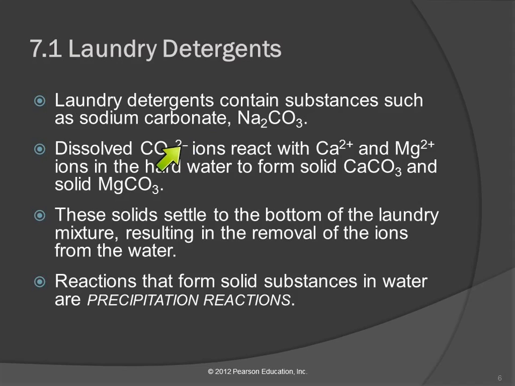The sodium carbonate dissolves, and the carbonate ions react with the calcium and magnesium ions in the hard water, and they precipitate out as calcium carbonate and magnesium carbonate, which then just get washed away with the wastewater. And then the soap can do its work. This is an example of a precipitation reaction. Precipitation reactions form solid substances in water.